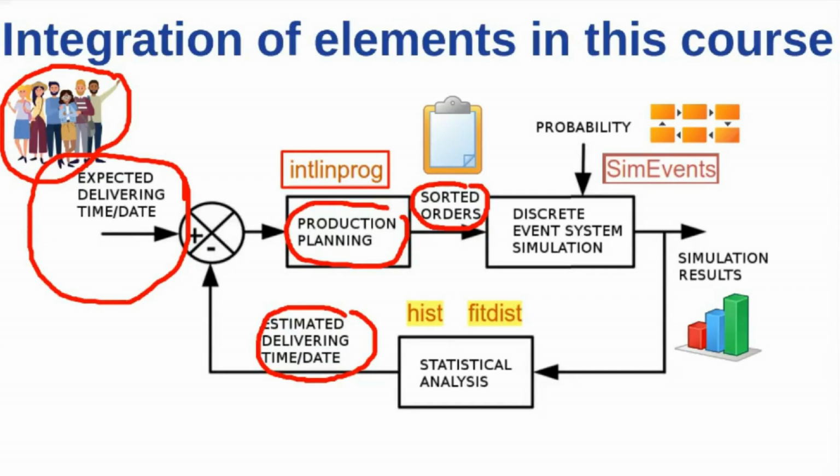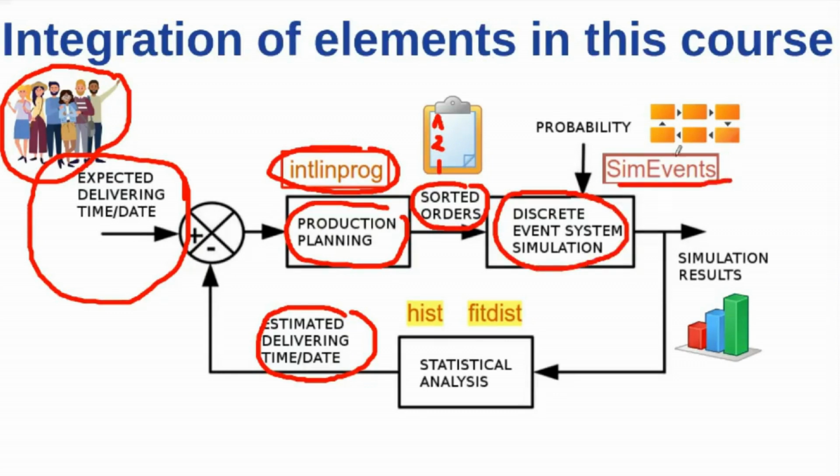I don't know, but we will use the intlinprog.m, you remember, the optimization algorithm that allows us to sort the orders to be produced, right? When we have order number 1, order number 2, and so on, then we introduce these orders to the discrete event system simulation, to the SimEvents.